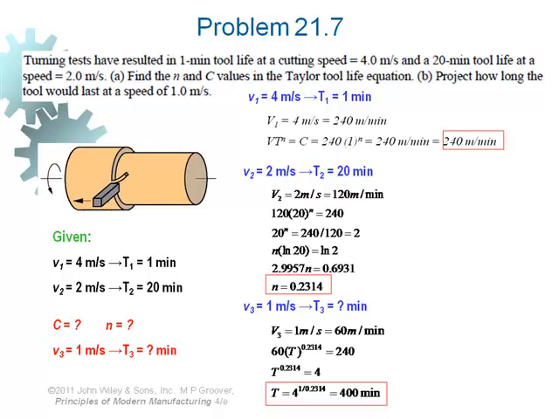We know the value of N, we know also C. The only unknown value in this equation is now T, giving us a tool life of 400 minutes.